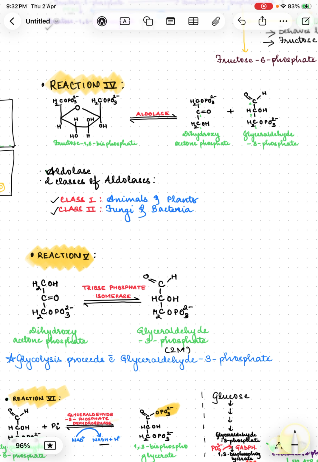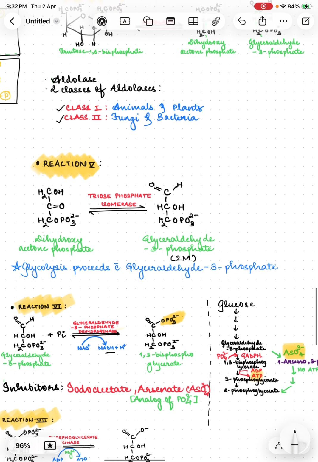Now the enzyme involved in this reaction is aldolase. There are two classes of aldolases. Class 1 is usually observed in animals and plants, and class 2 is found in fungi and bacteria.